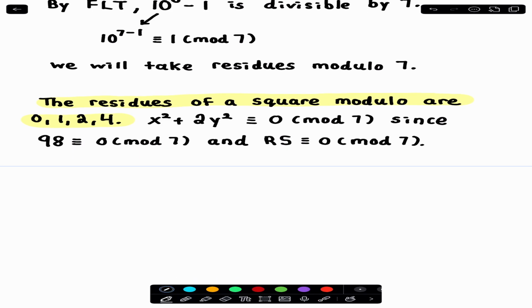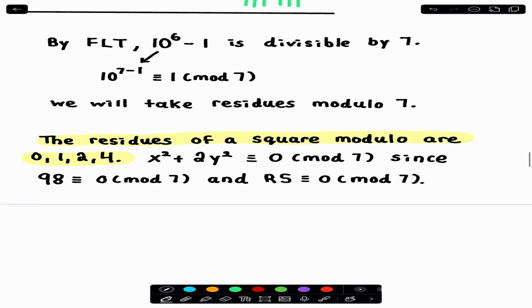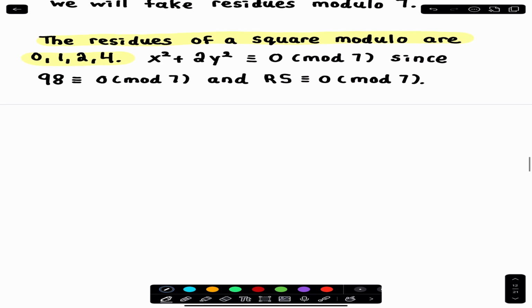And this is not exactly difficult to see. You can play around with it a bit, but just in case you're not convinced, we could even quickly make a chart. And play around with this.